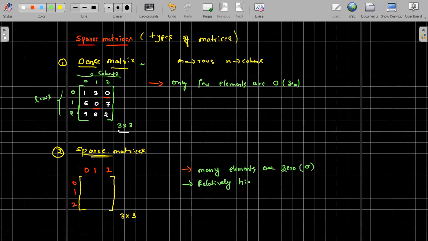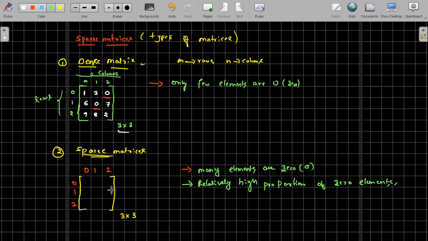The proportion of elements that are 0 is very high. So this is one important point here.